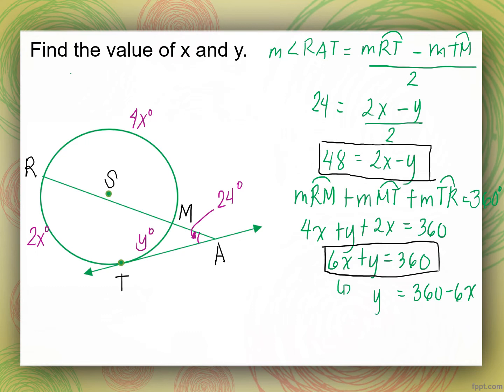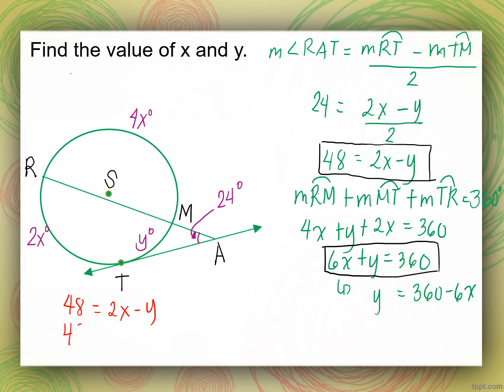Okay, and then we will substitute that to our first equation, which is 48 is equal to 2x minus y. So we will substitute 360 minus 6x to the y of our first equation.